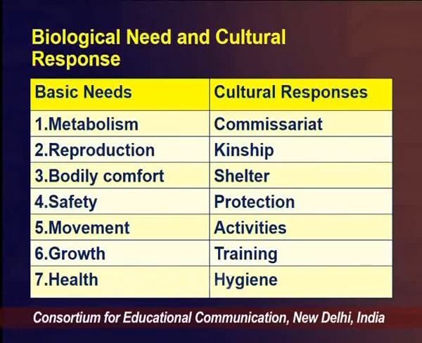Fourth is safety, and we have cultural norms of protection. Fifth is movement, and the cultural response is activity. The sixth basic need is growth, and culture has developed training which ensures growth. And seventh is health and hygiene.